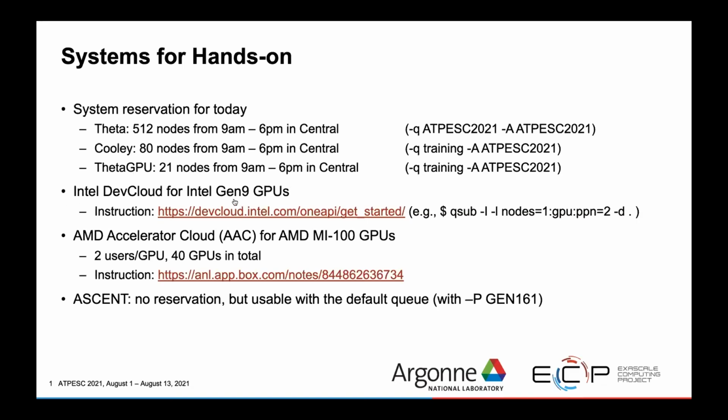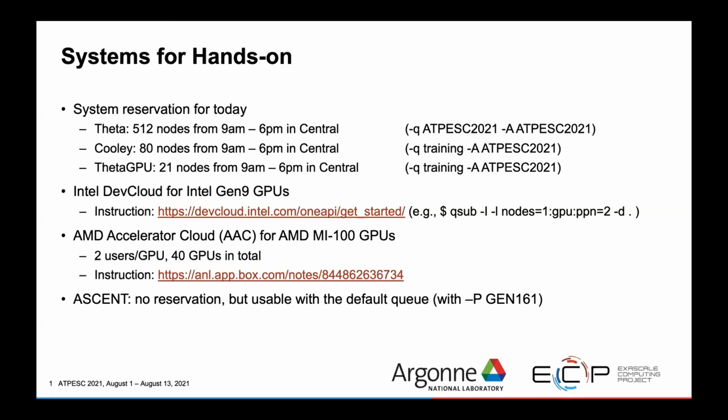For Intel DevCloud, I believe you already joined, so you probably got very detailed instructions on how to use it. Once you access the Intel DevCloud, you can just use this line, qsub -I -l nodes=1:gpu:ppn=2 -d., and then you will get one of the Intel Gen9 GPUs to practice. For the AMD Accelerator Cloud, we have a total of 40 MI100 GPUs, so we assign 2 users per GPU.